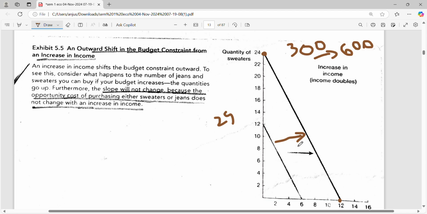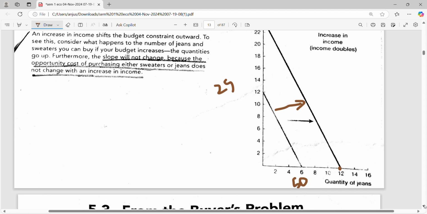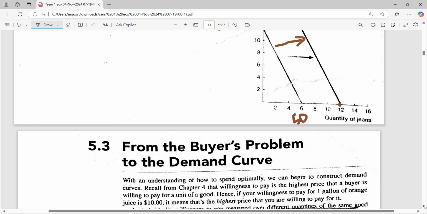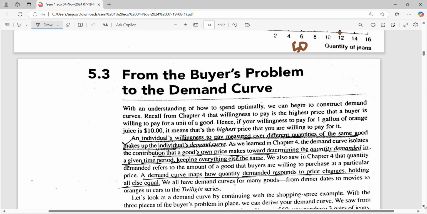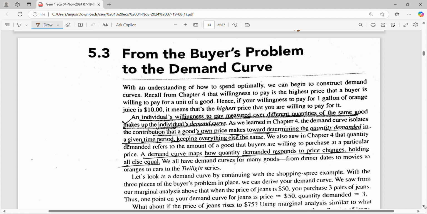Slope will not change as the opportunity cost of purchasing either sweater or jeans does not change with an increase in income. Right. So when you calculate, you'll get to know that with more clarity. It's easy. In the income change, the slope won't change as well as the opportunity cost won't change.